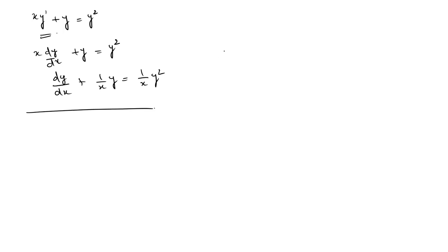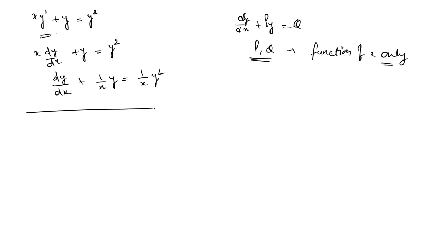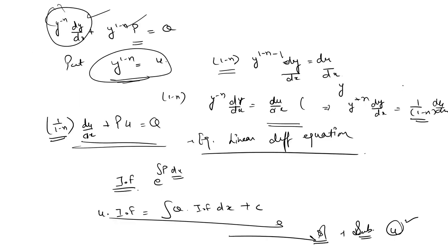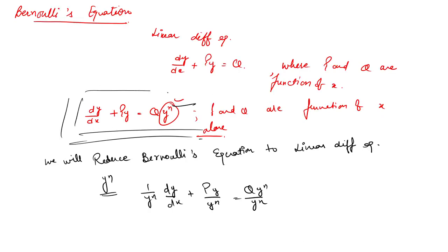Why? Because if we compare this equation with the linear equation, p and q should be functions of x only. Here p is a function of x only, but q also contains y. So this is not a linear equation. We have to reduce it into a linear equation. This is the same case as Bernoulli's equation.